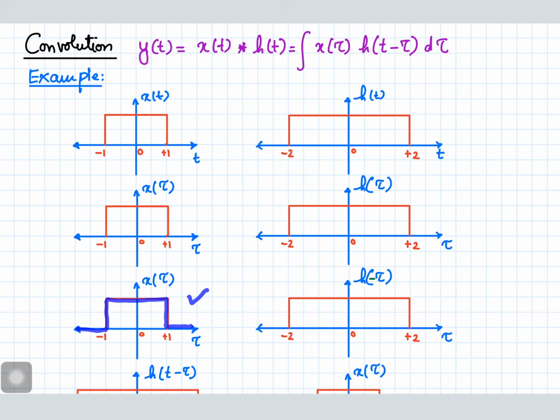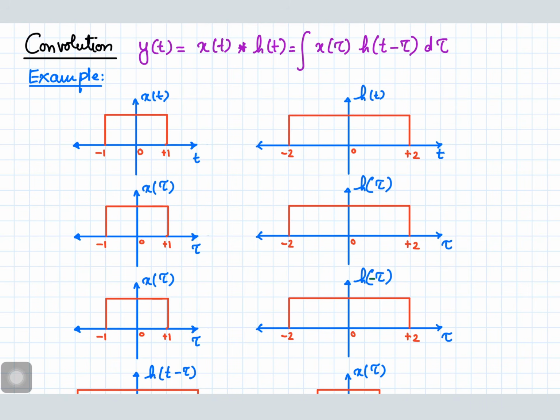So our first signal is ready according to the expression that we have developed, x of tau from x of t. Now let's work out h of t minus tau from h of t. Let's suppose that our second rectangular function is equal to 1 from -2 to 2, otherwise it's 0.